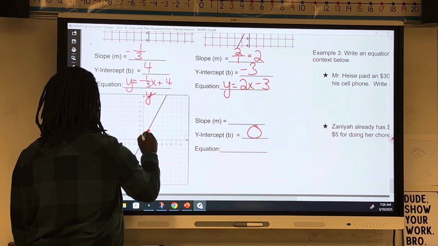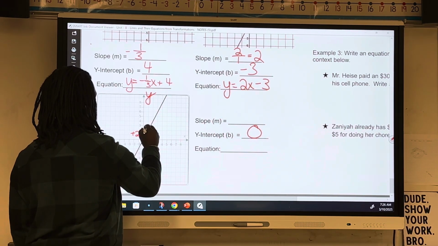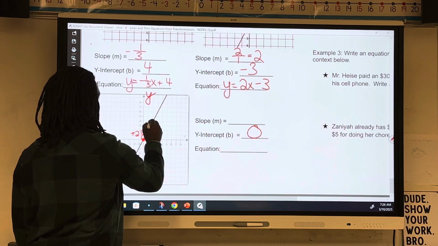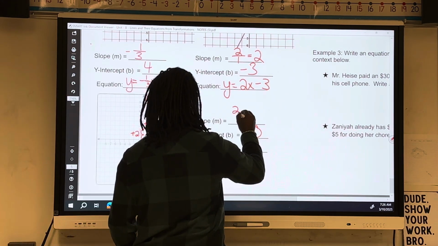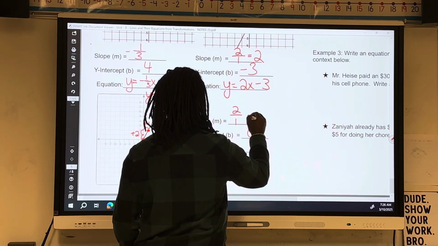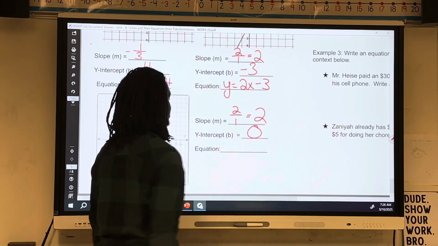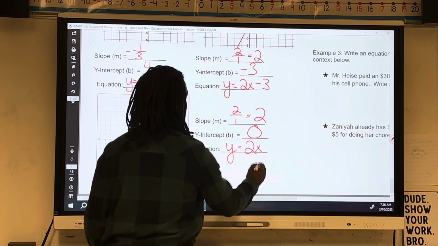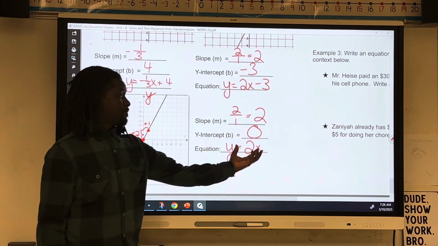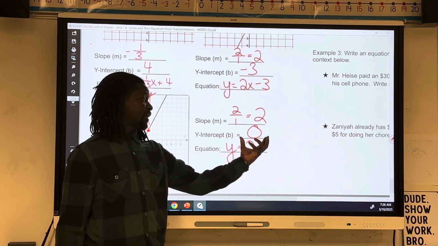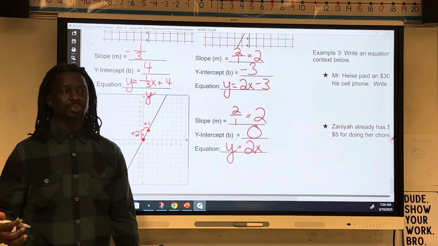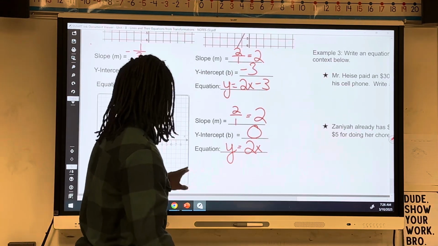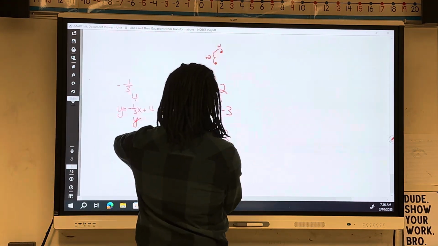I went up 2, and then I ran 1, so again I have a slope of 2/1, which is just 2. So my equation is y equals 2x, and since my y-intercept is 0, I don't need to put +0. I just leave it as y equals 2x.